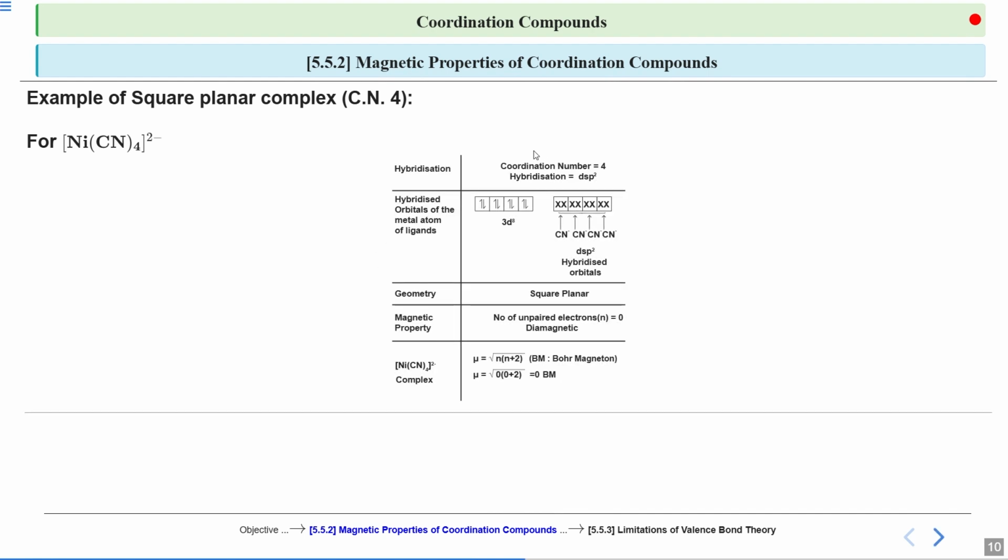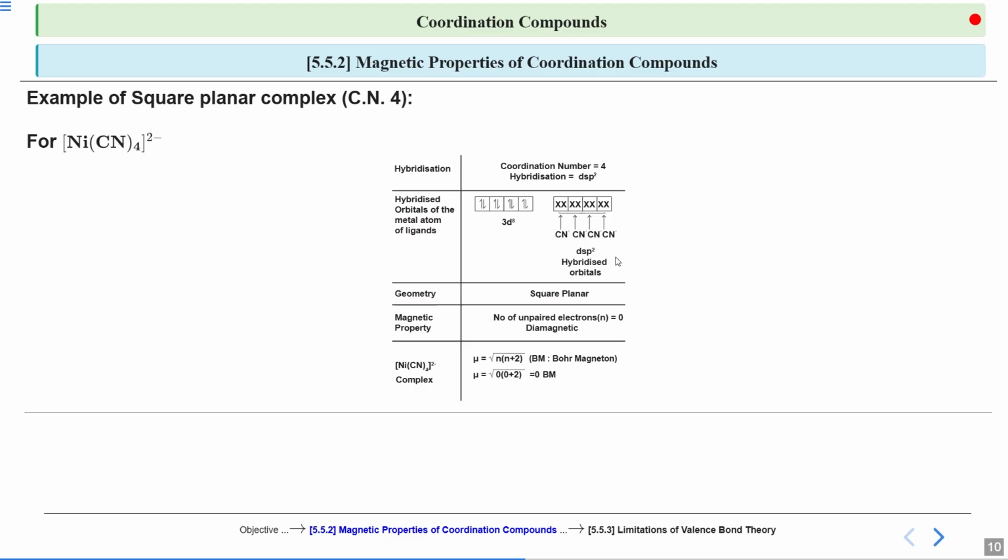Now we see that the coordination number for this complex is 4, and the hybridization it shows is dsp2, in this manner. So 3d8 has all the electrons paired up. The 1d, 1s and 2p orbitals showing dsp2 hybridization are the orbitals where the cyanide ligand donates its electron to form the bond with the central metal ion.